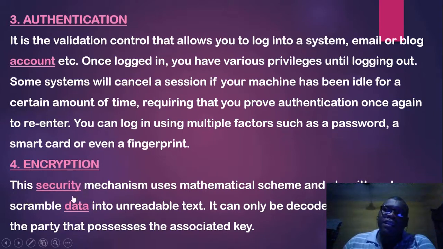Encryption. This security mechanism uses mathematical schemes or algorithms to scramble data into unreadable text. So it can only be decoded or decrypted by the party that possesses the associated key. So encryption is a kind of linkage.